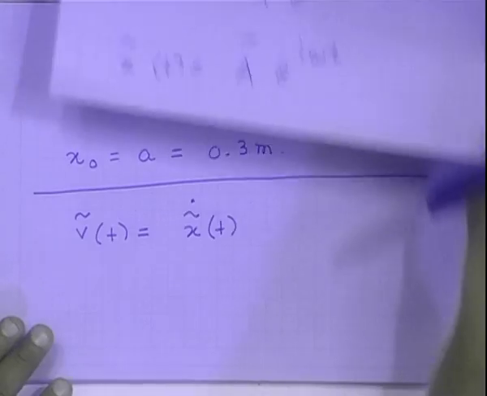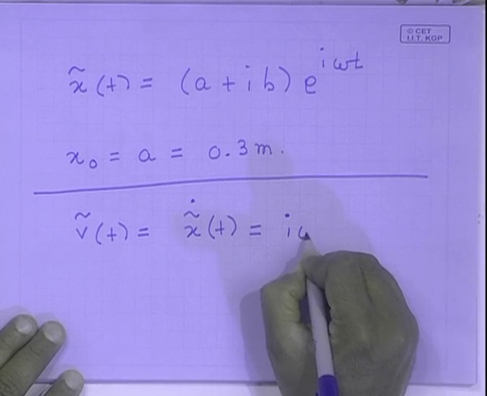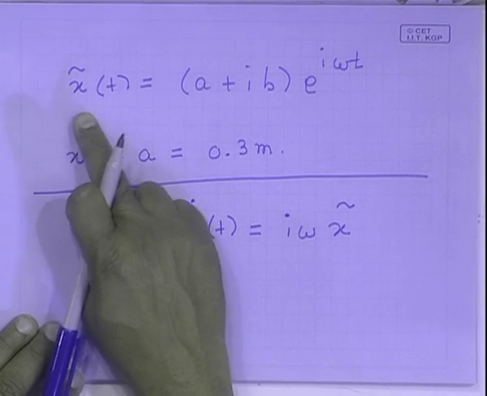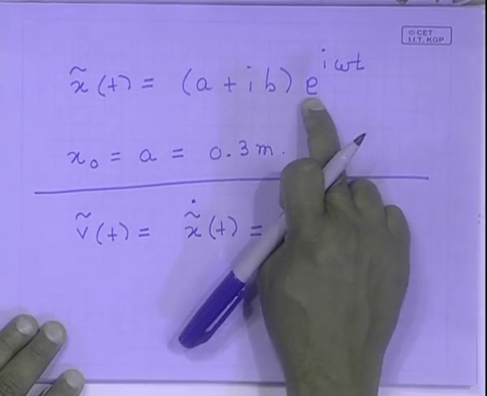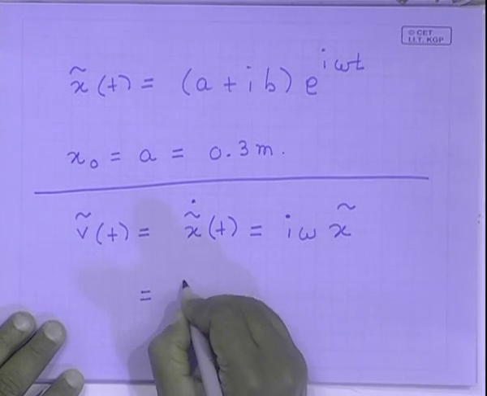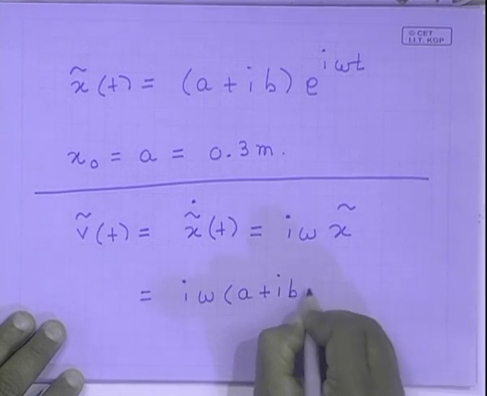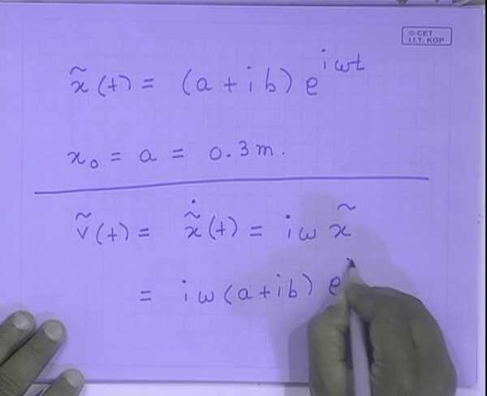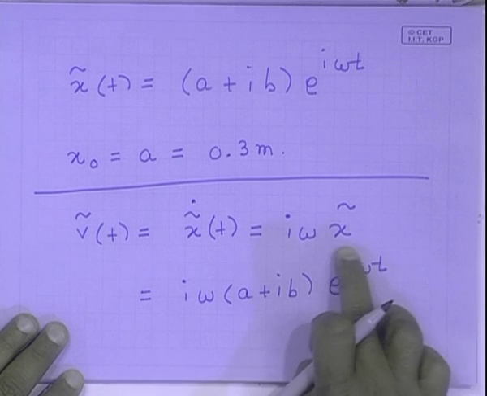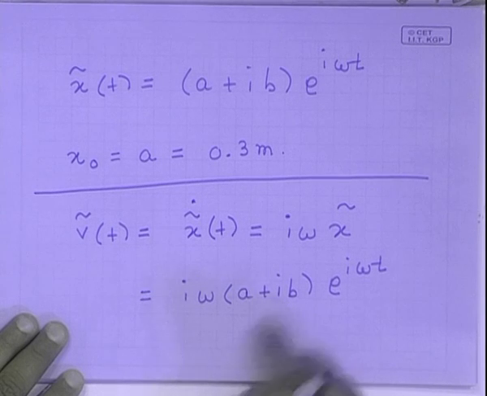So, the velocity is essentially i omega into x tilde, which is given over here. X tilde as a function of time is given over here. So, the velocity is i omega times A plus iB times e to the power i omega t, and at t equal to 0, e to the power i omega t is 1. So, the velocity is i omega times A plus iB.